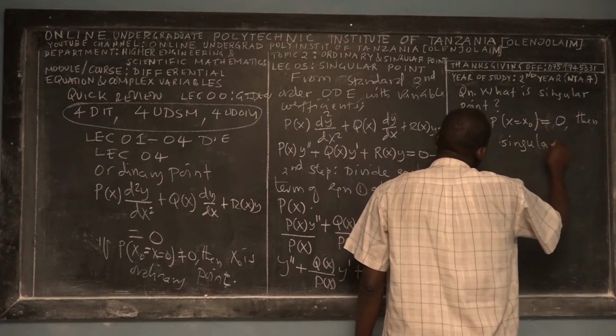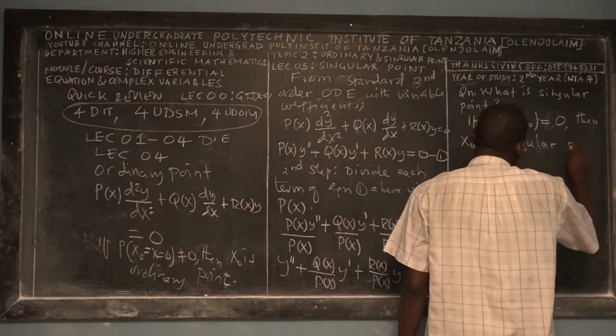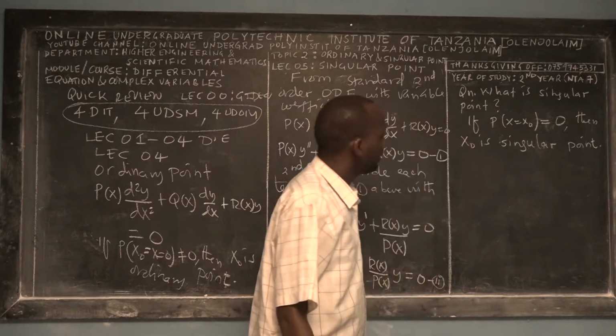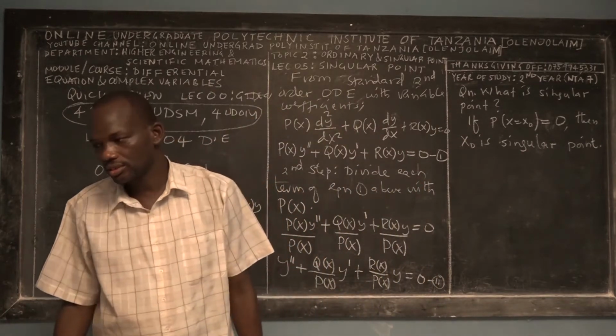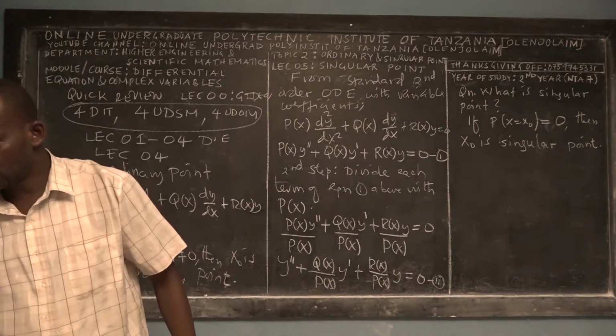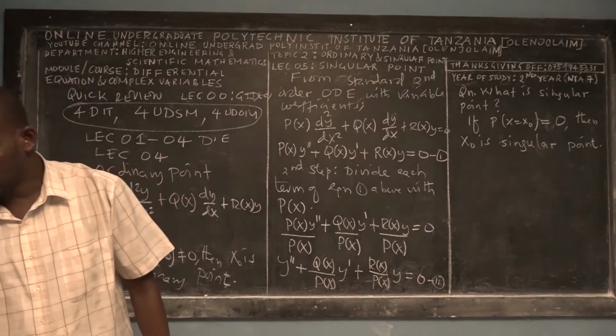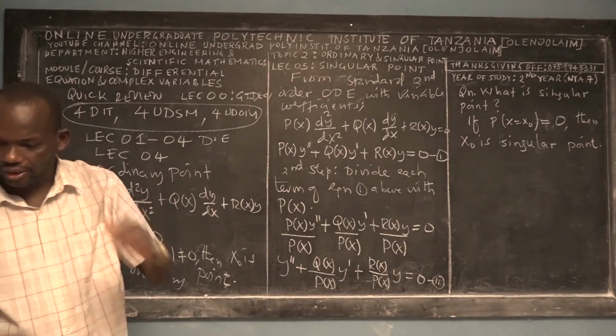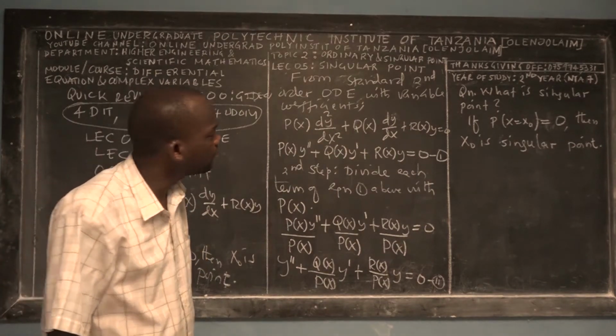So this is the intellectual definition of singularity, singular point. If P of x at x naught is equal to 0, then the point x is equal to x naught is called a singular point.